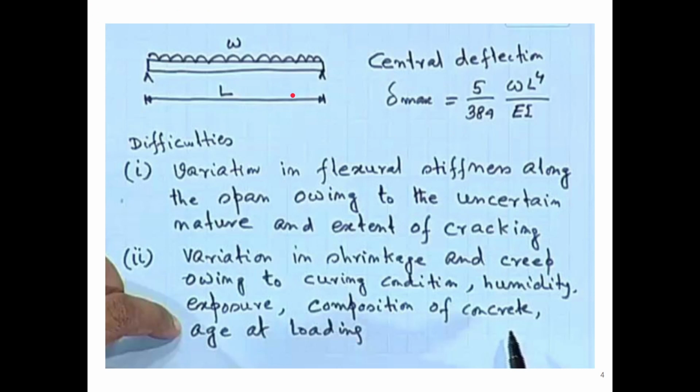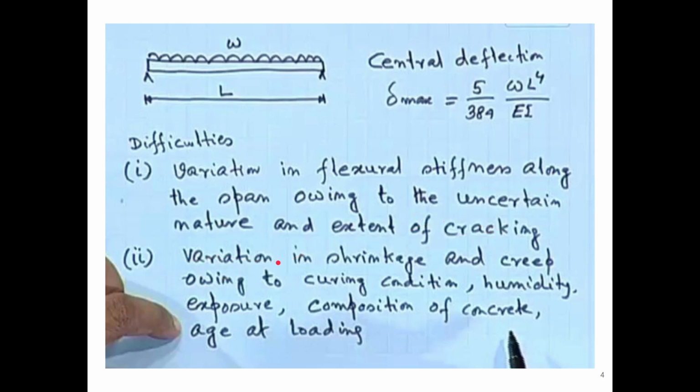Why is the deflection in RC beams an important parameter? That is because there are various difficulties arising in the flexural member. Firstly, there is variation in flexural stiffness along the span owing to the uncertain nature and extent of cracking, so that leads to deflection.